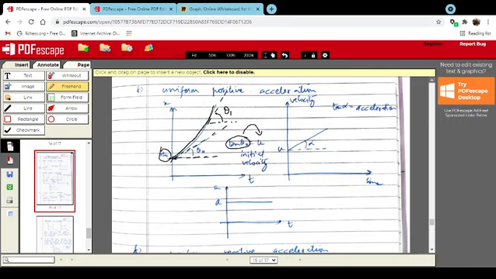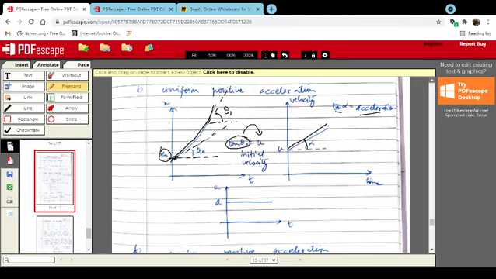And let us try to study the graph of velocity and time. So the velocity of the particle also grows linearly with time, and this angle alpha, the slope of this particular line, becomes the acceleration of the particle.